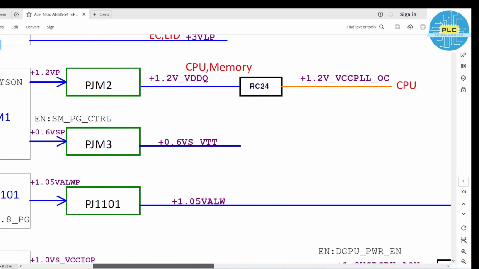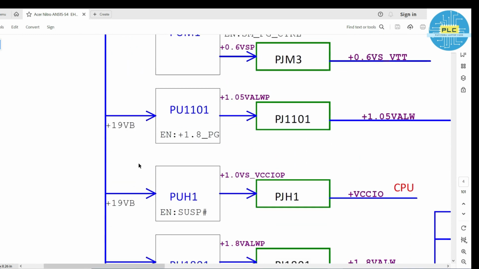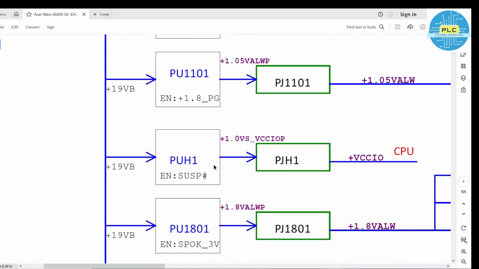Okay, and again this 19 volts is given to this circuit, it receives the enable signal, and gives 1.0 VCC IOP voltage, and then the final output is plus VCC IO which goes to the CPU.